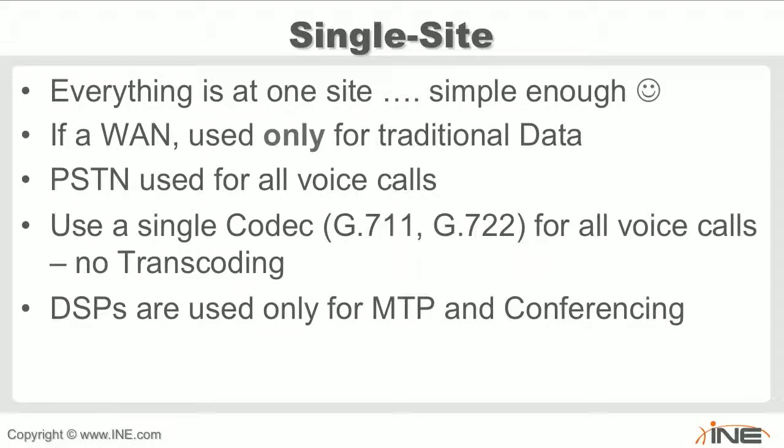Transcoding is going between 2 different codecs, or translating between 2 different codecs. So DSPs would only be used if we have any need for MTP, media termination point, which in a single site we likely would not. But if we had any need for that, certainly we would have a need almost always for voice or possibly even video conferencing.